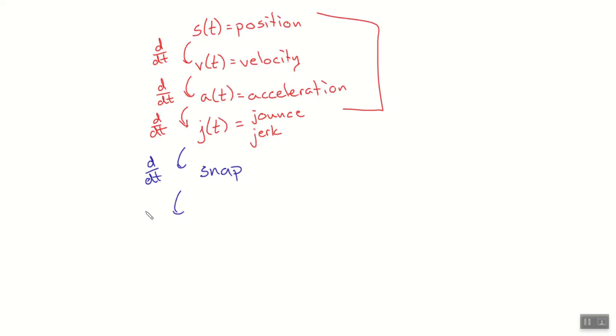Okay, could we go further? So we will, and we do. And I wish I could tell you, outside of jerk, it is very hard for me to conceptually make sense of what it would even mean. A huge snap, I imagine it's going to hurt, I would guess. But next one is crackle.